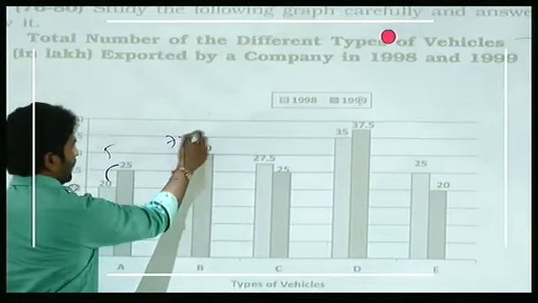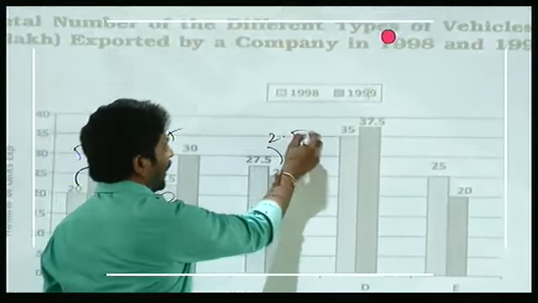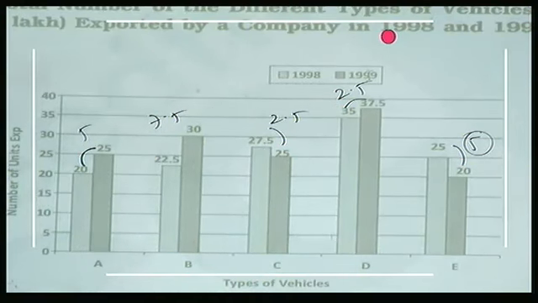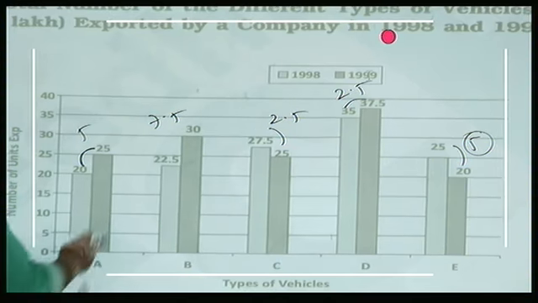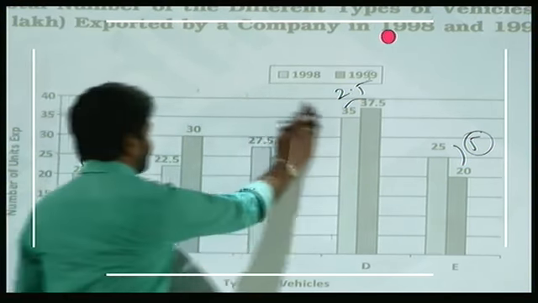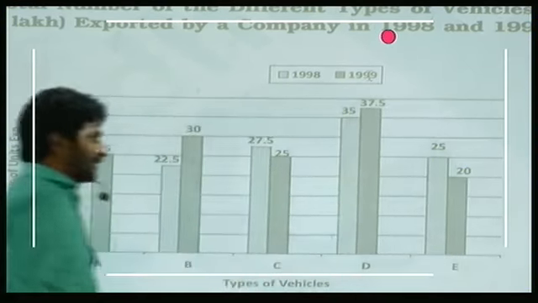Differences are 7.5, 2.5, 2.5, 5. Percentage change, right?